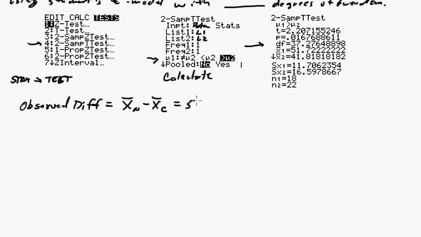This is going to be 51.7222 minus 41.8181, something like that, and we get 9.9040. Okay, so that's our observed value.